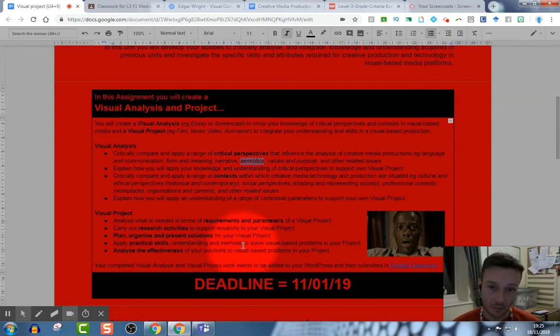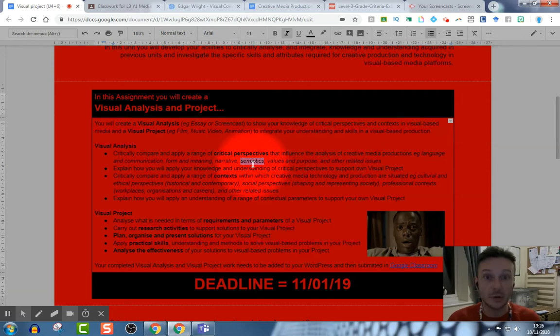Semiotics. How different signs, symbols, signifiers communicate to their audience. You need to do this in relation to the examples you provide. Different signs, what they suggest to an audience, culturally, colours, wherever it might be, gestures, mannerisms, symbols, mise-en-scène, camera shots, sound, all these different elements.